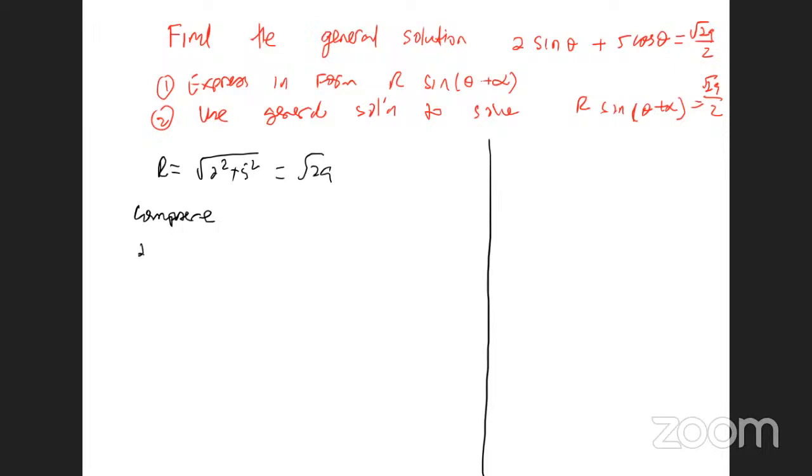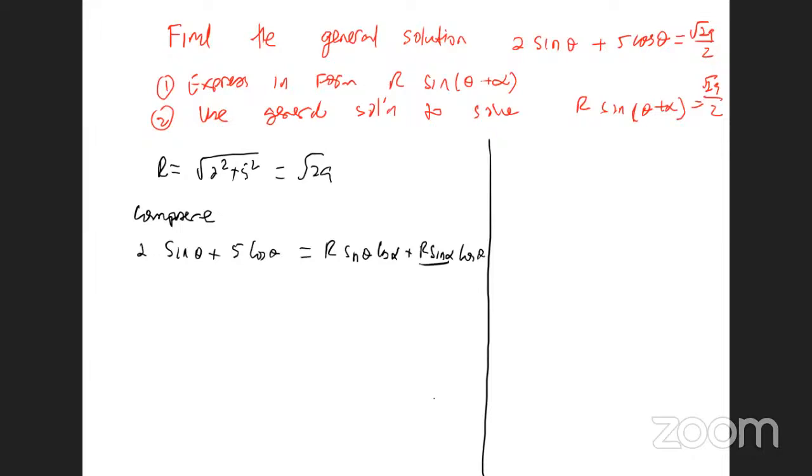So 2 sine theta plus 5 cos theta is equal to r sine theta cos alpha plus r sine alpha cos theta.